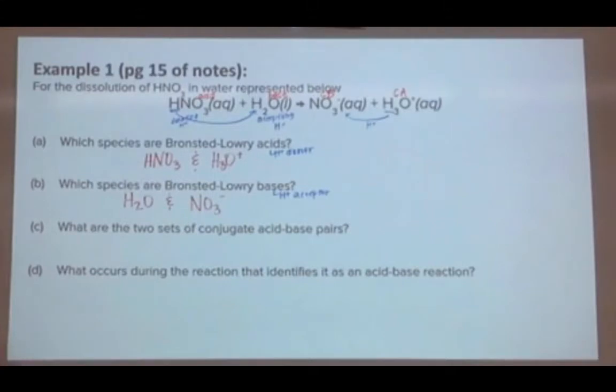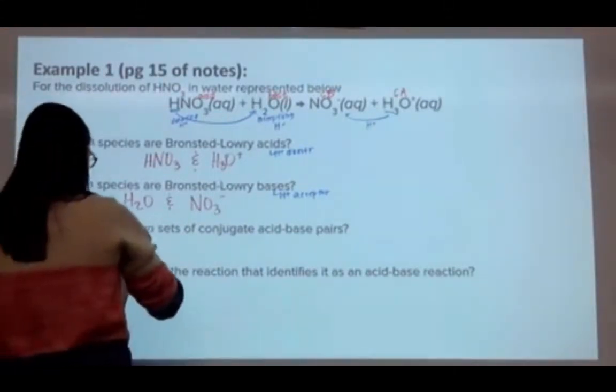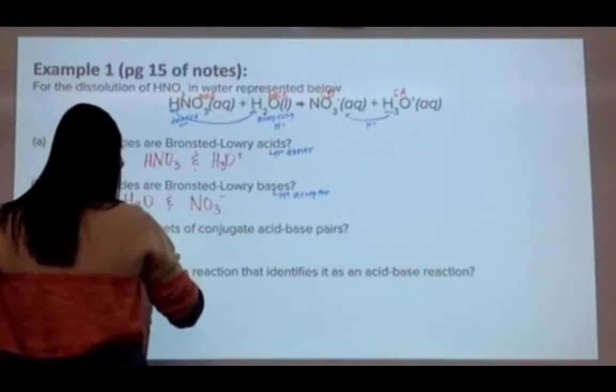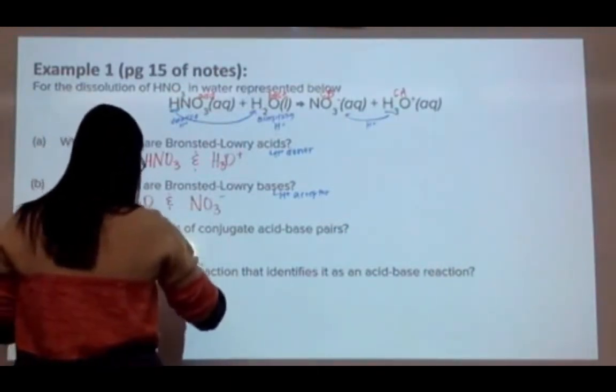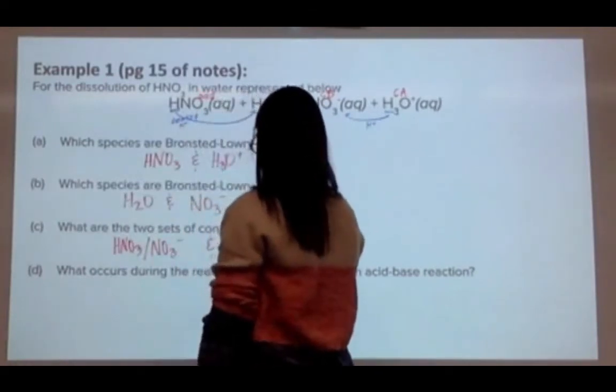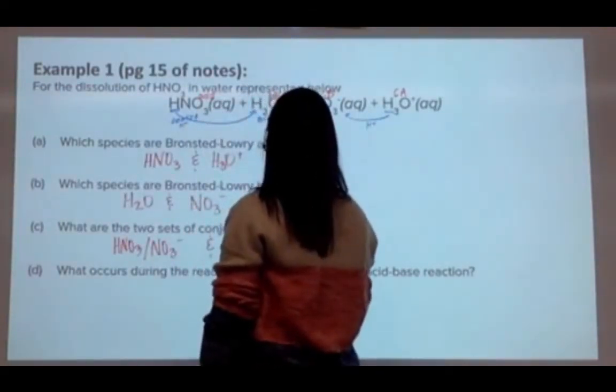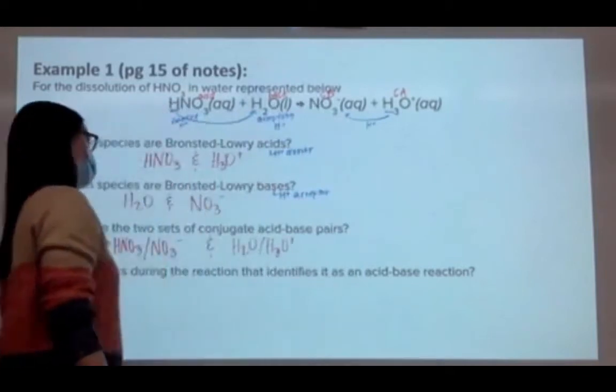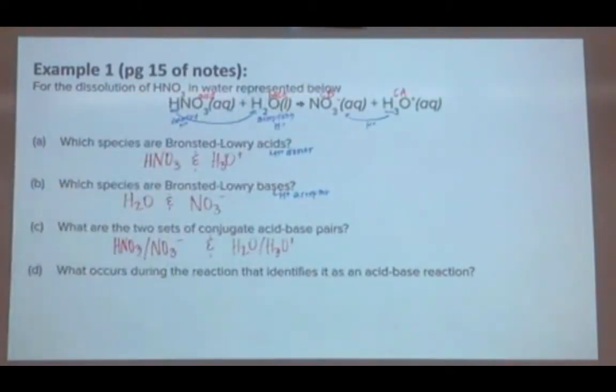So then part C, what are the two sets of conjugate acid-base pairs? So we have HNO3 and NO3-, and H2O, H3O+. Notice again how they both differ by just one H+.